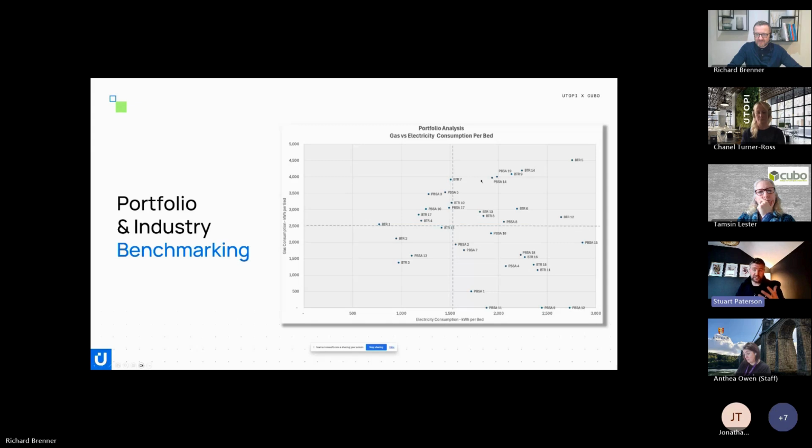Is it gas? Is it electrically heated? What does your domestic hot water look like? And then we divide that energy consumption, really simply, by the number of beds or studios or apartments that you've got, and that gives us a fairly consistent data set to benchmark on, which is kilowatt hour consumption per bed per day, a consistent, digestible and understandable metric for everybody.